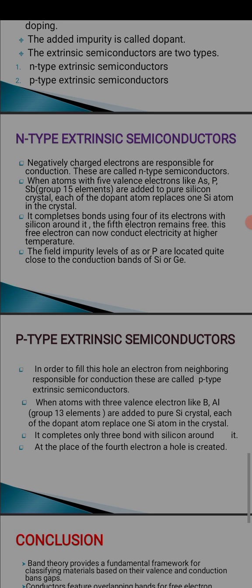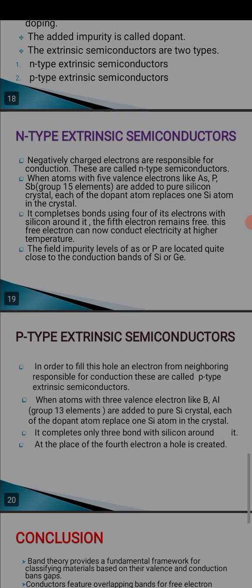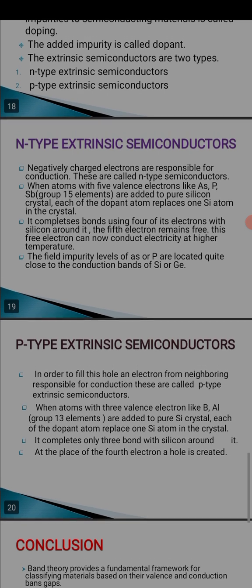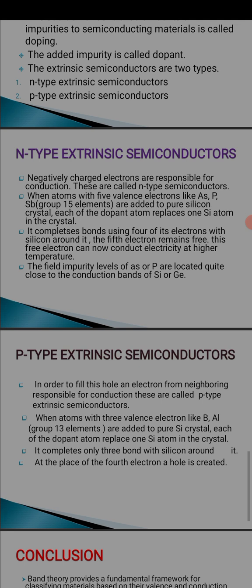The first type of extrinsic semiconductor is the N-type. The negatively charged electrons are responsible for conduction, so they are called N-type semiconductors. When atoms with 5 valence electrons like arsenic, phosphorus, antimony, group 15 elements, are added to a pure silicon crystal, each of the dopant atoms replaces one silicon atom in the crystal.